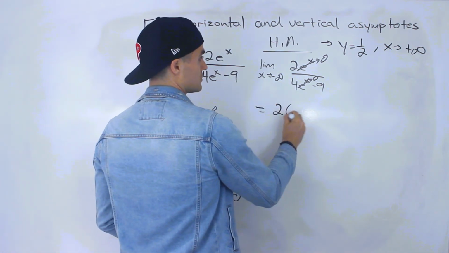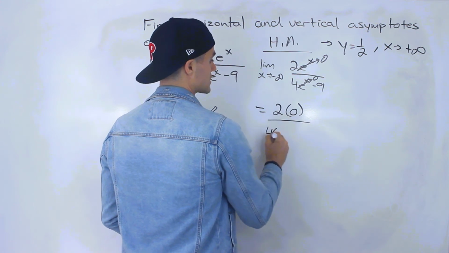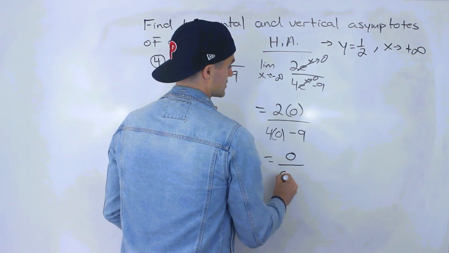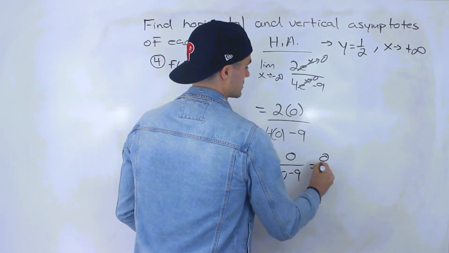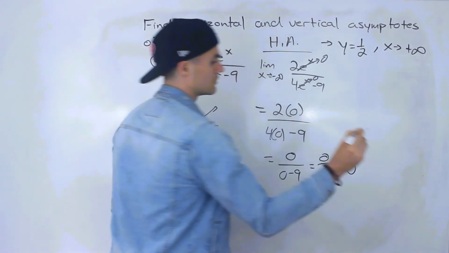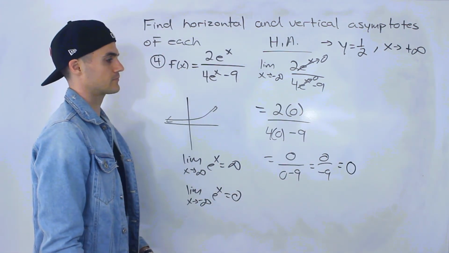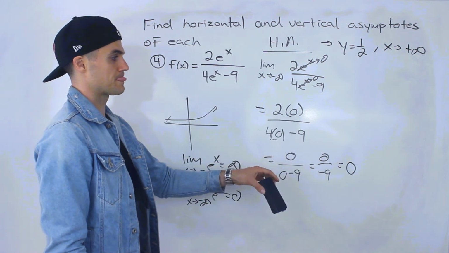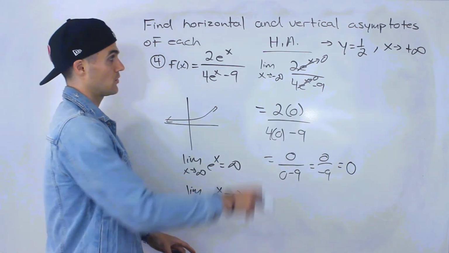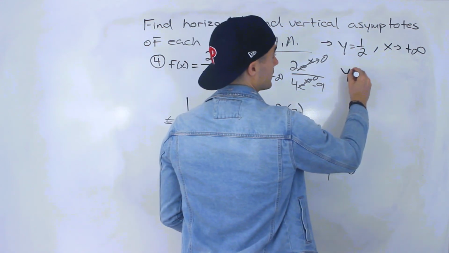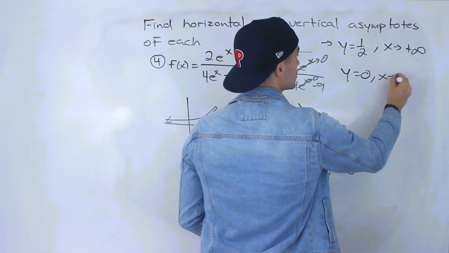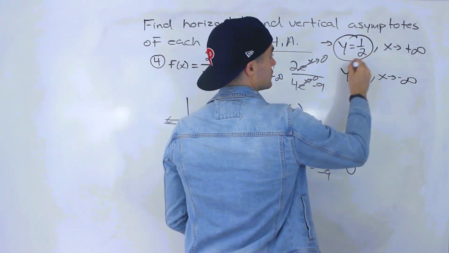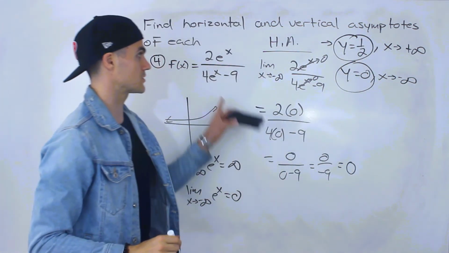So we would have 2 times 0 over 4 times 0 minus 9, which would be 0 over 0 minus 9, which would be 0 over negative 9, which would be 0. All right, and so that is the horizontal asymptote for this function, y equals 0, as x approaches negative infinity. So there are 2 horizontal asymptotes for this function.